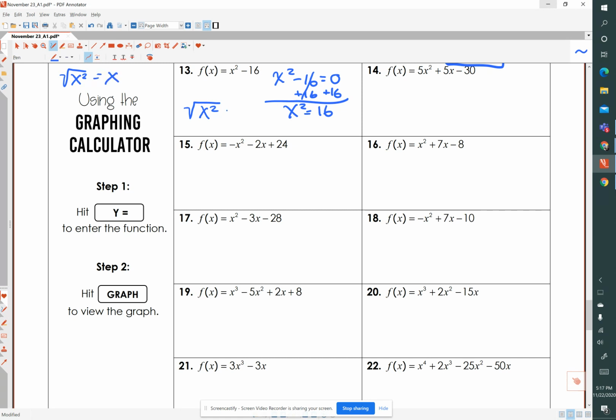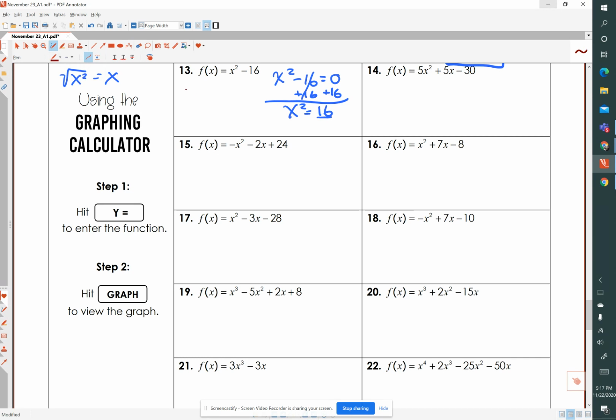But remember, x will then equal the square root of 16. Let me erase this so I can write it bigger. And I'll change the color.